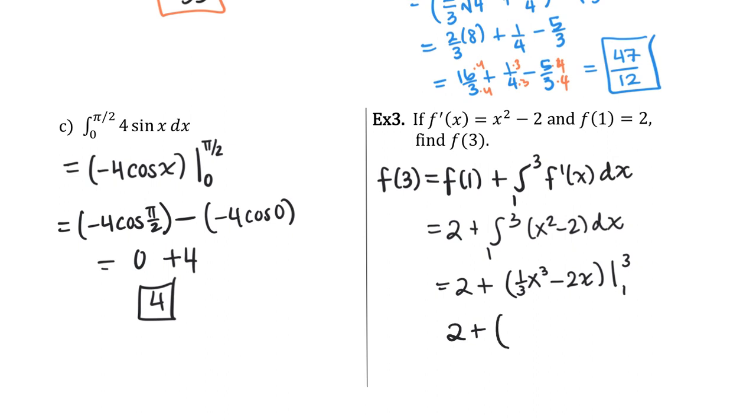Okay, so 1/3 of 3 cubed is 27. Minus 2 times 3 is 6. And I'm going to subtract 1/3 of 1 minus 2 times 1, minus 2.